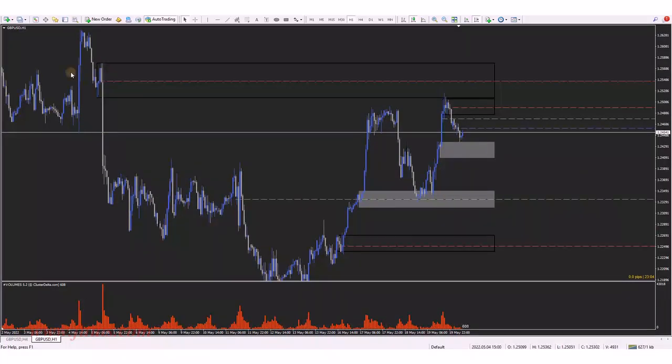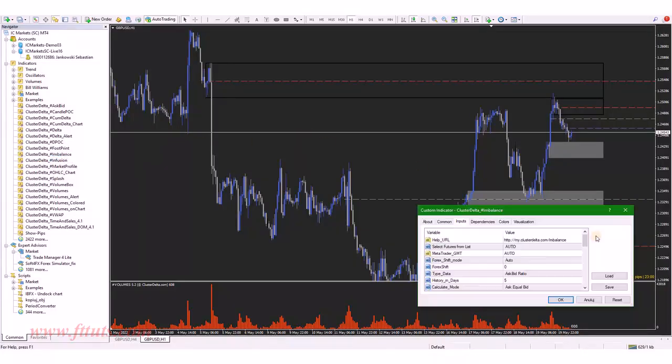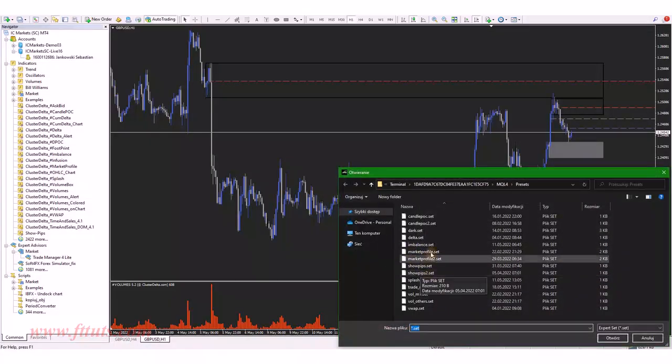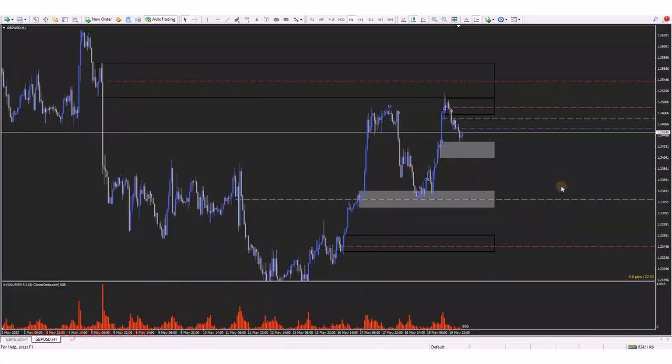Okay, now it's time for another tool, the imbalances. Also loading my template. Good.